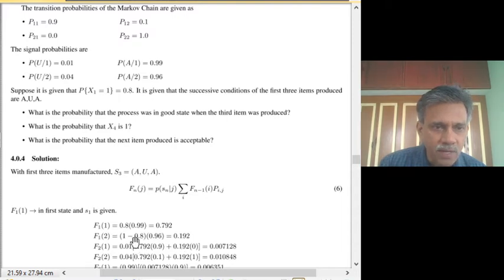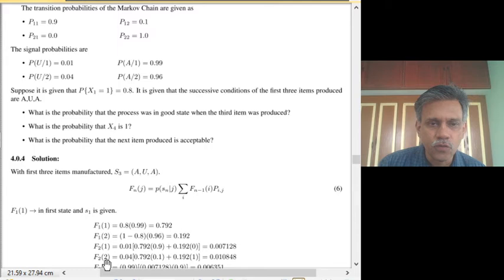F12 is given here, 0.192, that you are in a bad state at time 1 and made a transition 2 to 1, P21. P21 is 0 because once you are in the bad state, it is like an absorbing state, you cannot come back. So that is 0. On multiplying, you get this.